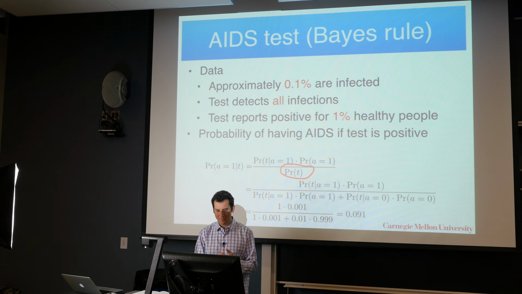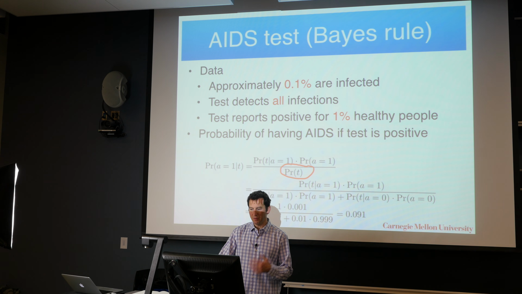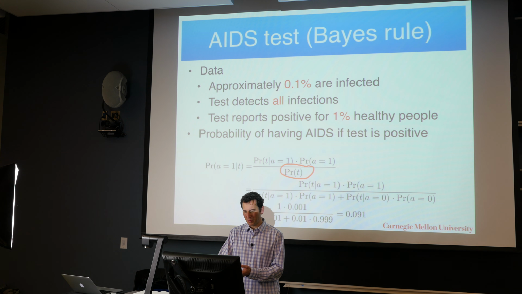Right? And now this is exactly 1 times 0.001. That's the prior probability of somebody having AIDS, because we had 0.1%, divided by all the cases that the test really properly detects, so that's the same thing in the denominator, plus all the false positives.